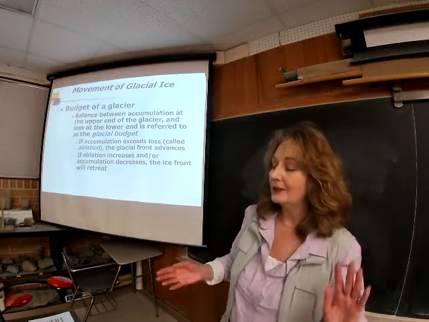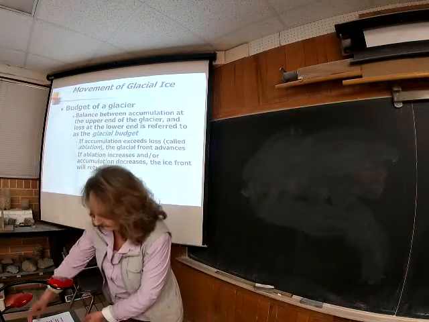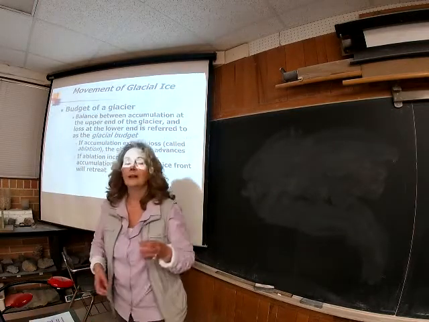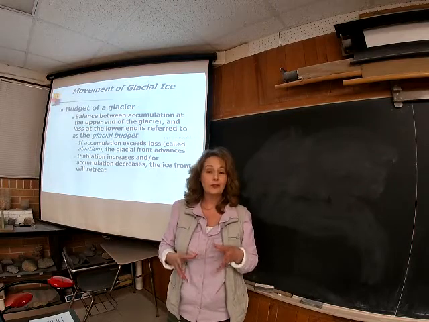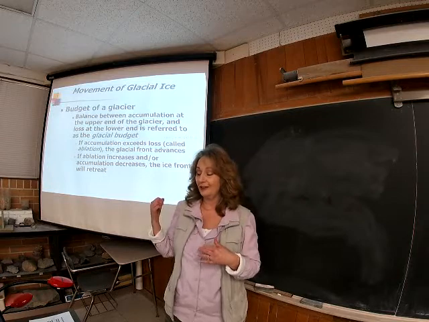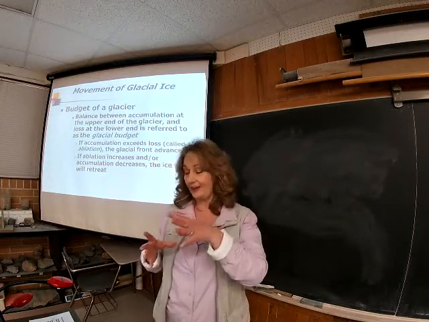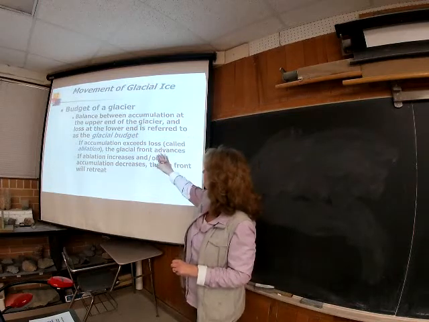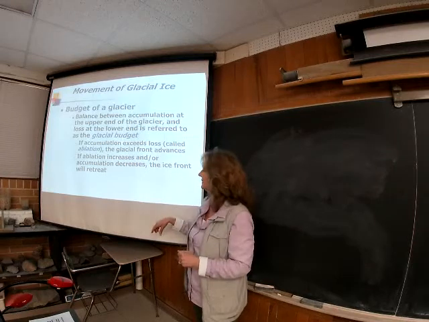So there's kind of a balance between accumulation at the upper end of the glacier, okay, and the loss at the lower end. Of course, this is referred to as the glacial budget. Now, if accumulation exceeds the loss, it's going to appear that your glacial front is advancing.